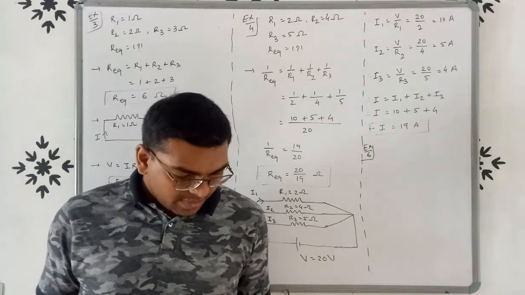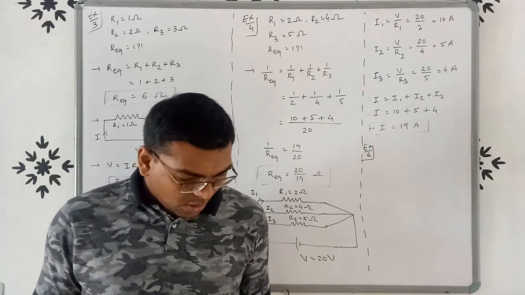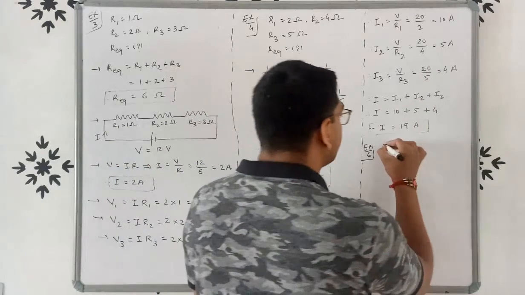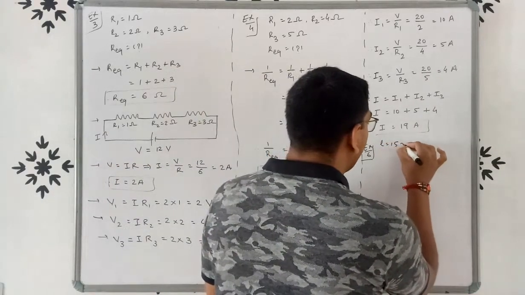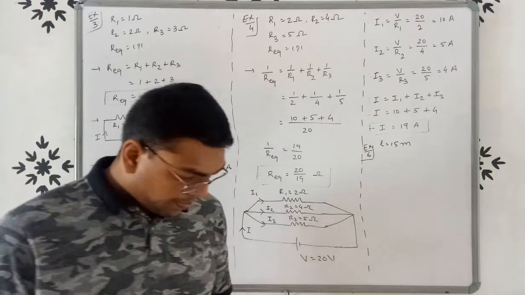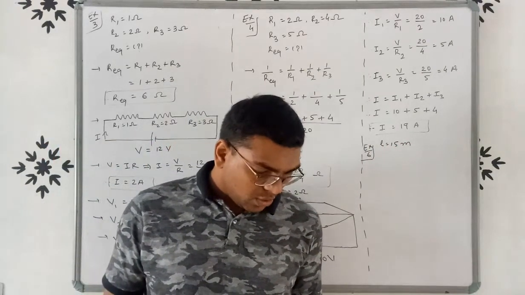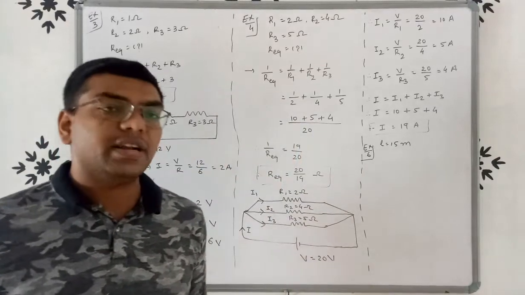A negligibly small current is passed through a wire of length 15 meter. So here length is given, L is equal to 15 meter, and uniform cross section 6 into 10 raised to minus 7 meter square.